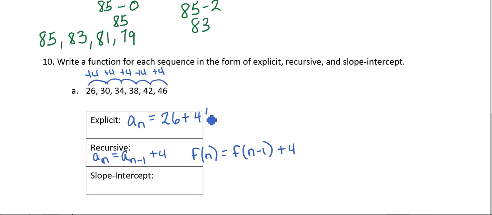And remember, I want to multiply 1 less than the term I'm looking for, so n minus 1. Because if I'm looking for my second term, I add 4 one time. If I'm looking for my third term, I add 4 2 times. If I'm looking for my fourth term, I'm adding 4 3 times. So I always want to take 1 away from my n value.